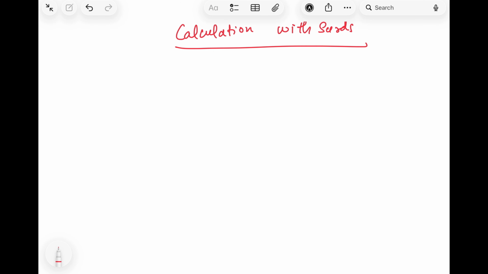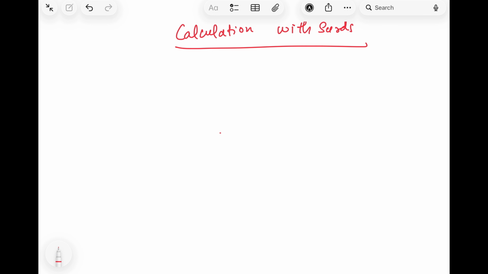Surds come under indices because the calculations part is similar to that of the indices which we did in our previous video, right? You can check out over there. So how we have certain laws for indices, similarly we have certain rules to solve these surds.